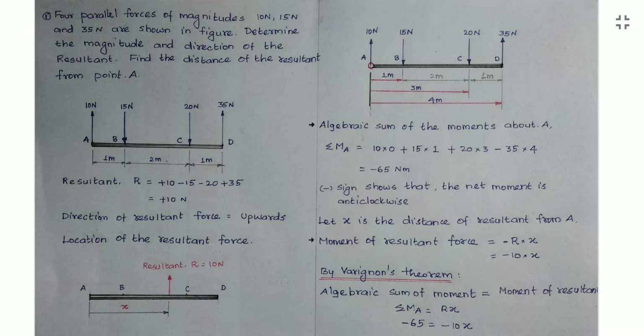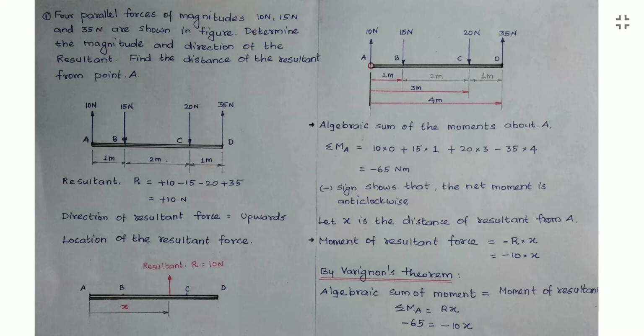So first I need to find the algebraic sum of moments about A. Moment means the rotating effect of the forces. Here in this problem we have four forces on this lengthy bar, whose total length is 4 meter. These forces have the tendency to rotate also.